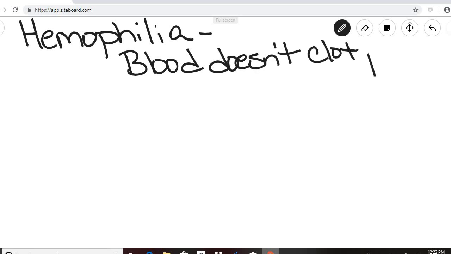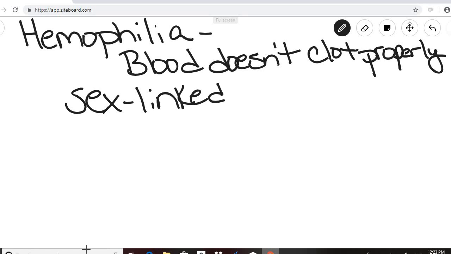So individuals who have hemophilia have to be very careful about getting any kinds of cuts or lacerations because their blood doesn't clot properly, and then they have to be given clotting factors that aren't present in their blood so that the blood will clot. So hemophilia is a sex-linked trait.